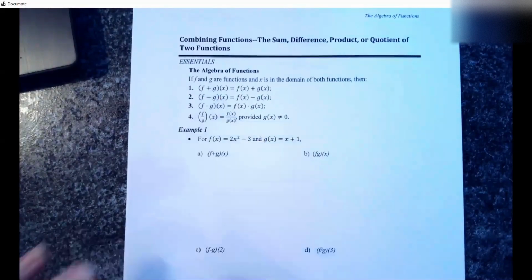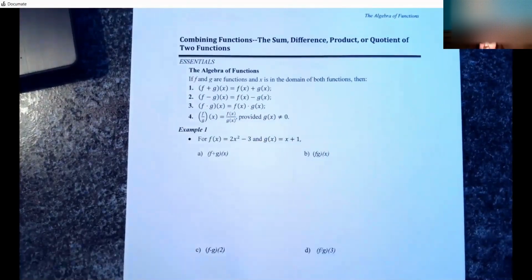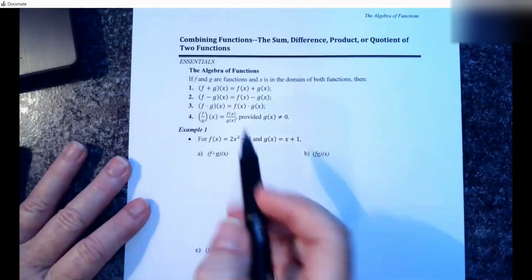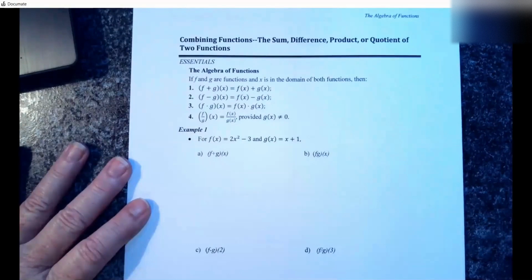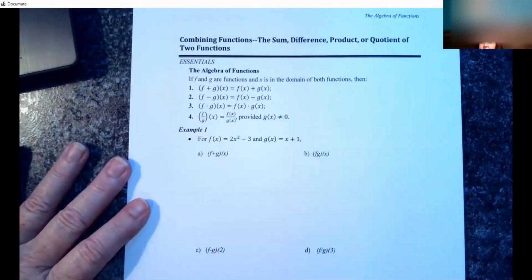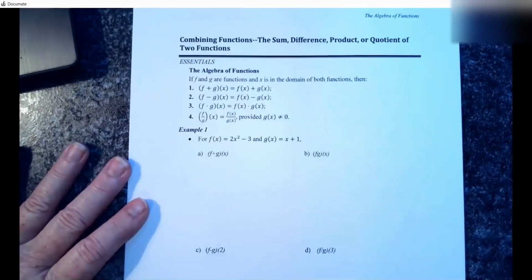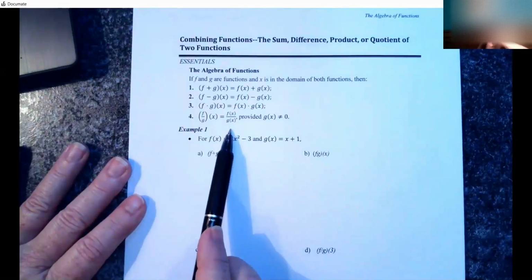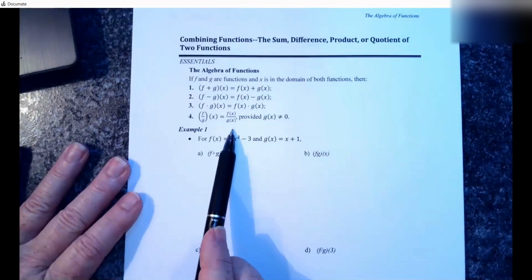If f and g are both different functions of x and you want to find f plus g of x, you're just going to take f of x and add it to g of x. The same concept follows for differences, products, and quotients. Now with quotients, you do have to be careful that the denominator does not equal 0.